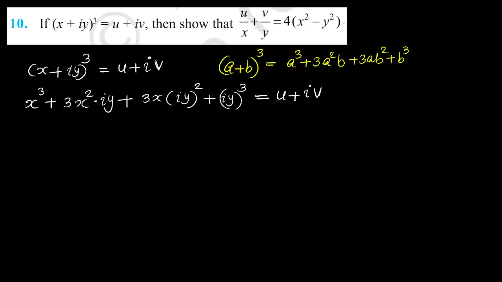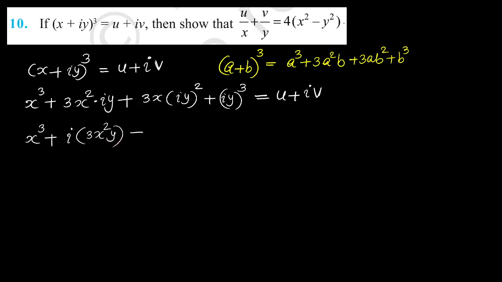So in the next step, what we can do? In the next step, I will tell you x cube plus, the second term contains i, correct? Okay, let me write i first. The order is not important, right? i into 3x square y, the second term containing i. Let me write i first, then 3x square y.